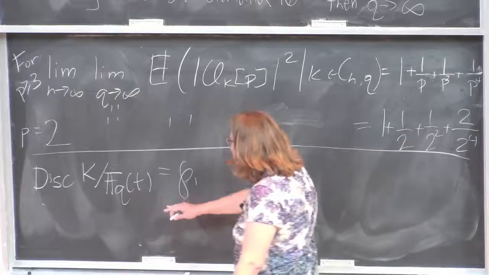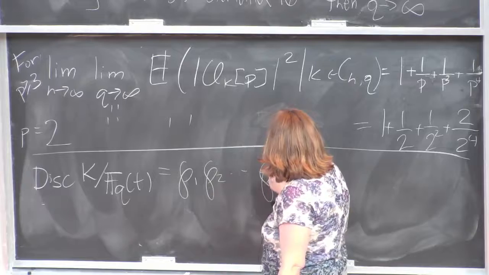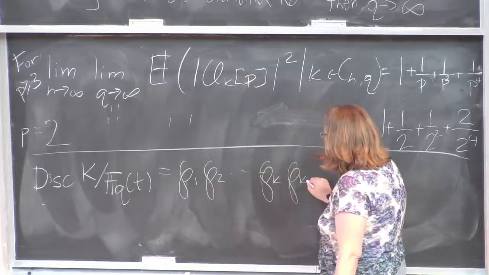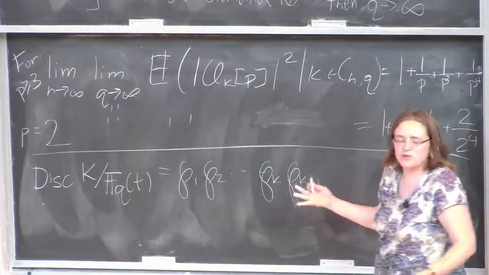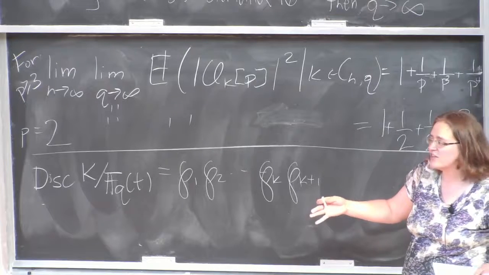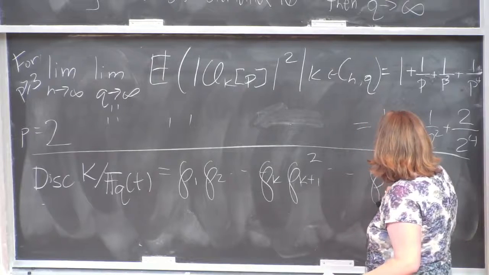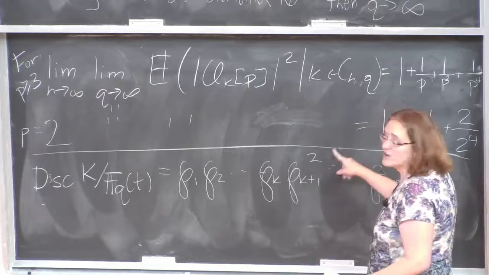Let's just imagine it's okay. So if I have a discriminant of a cubic extension, it's going to be a product, right? If this were in the number field case, it's going to be some primes appear to the first power if they're just partially ramified, and then you've got the totally ramified primes that appear squared.